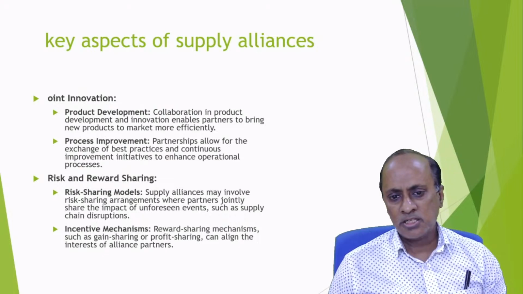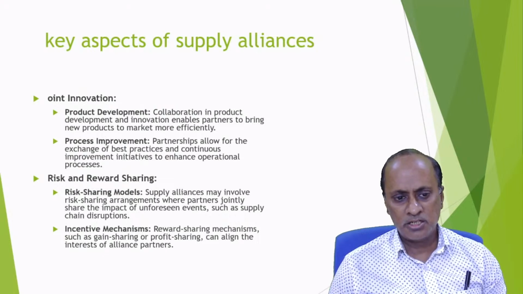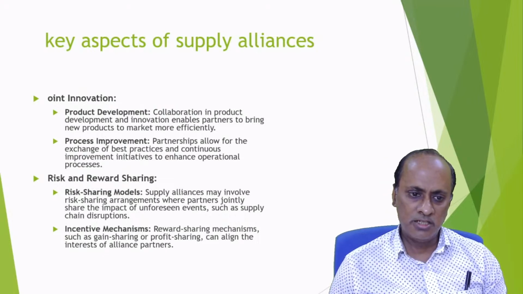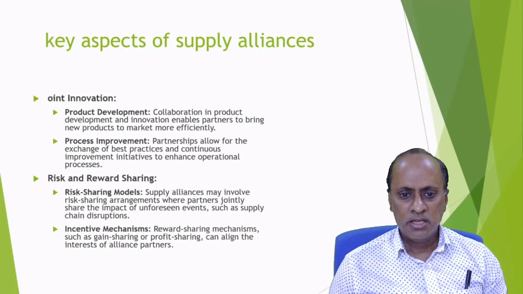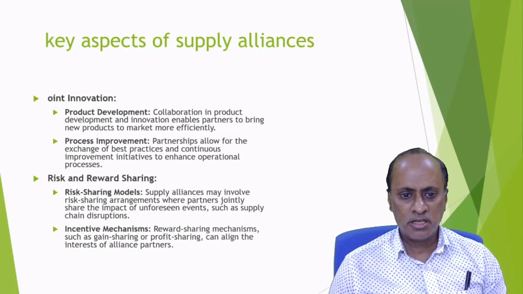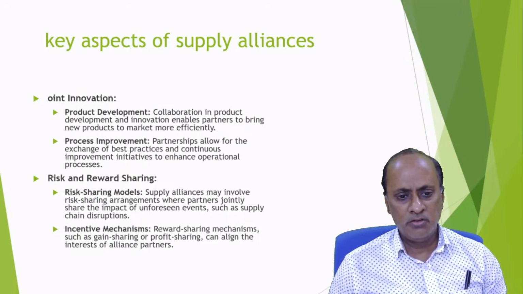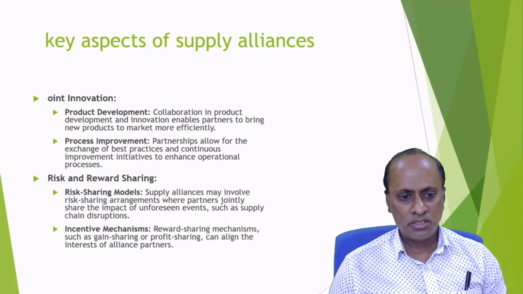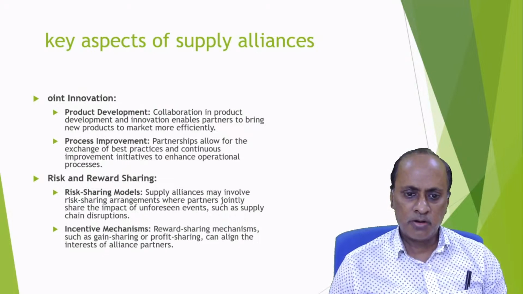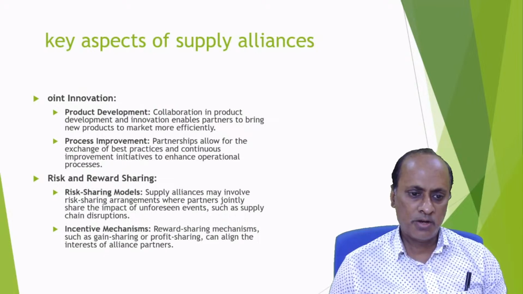The risk may arise from unforeseen events or supply chain disruptions. When risks arise, supply alliances may involve risk sharing arrangements where partners jointly share the risk. And reward sharing mechanisms such as gain sharing or profit sharing can align with the interests of the alliance partners.